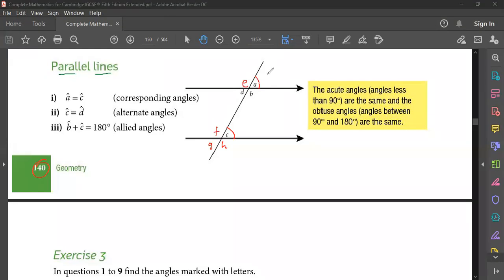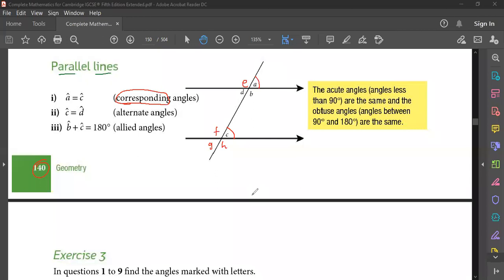As you can see, they are equal, and they are called corresponding angles. Can someone give me other corresponding angles in this shape?